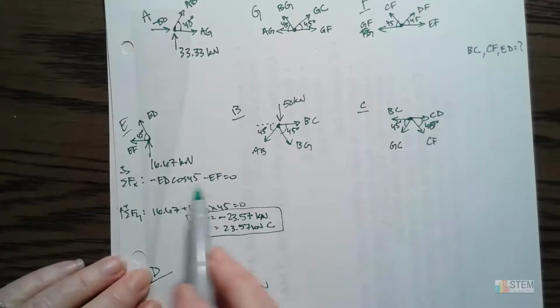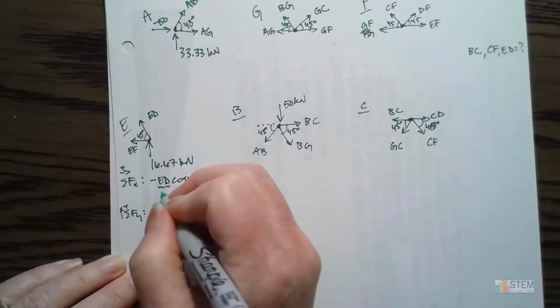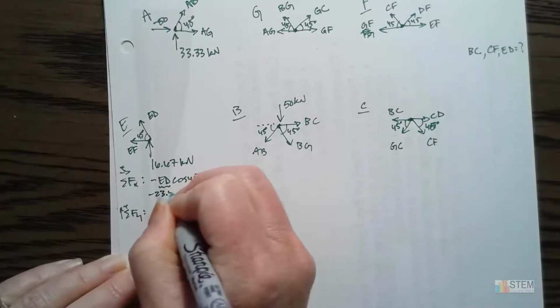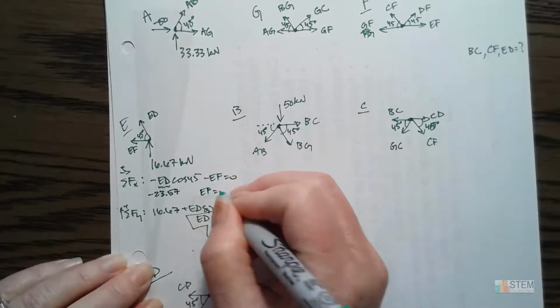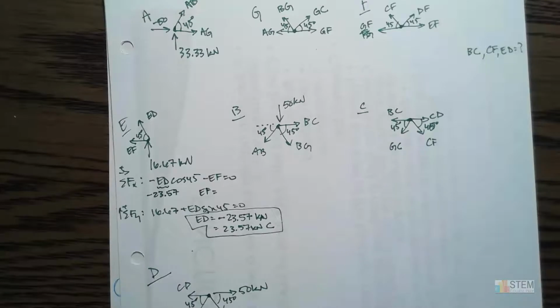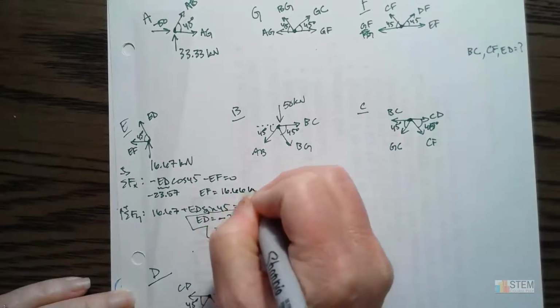Now, since I already have this equation, let's go ahead and find EF in case we need it. So ED we know is negative 23.57, and now you can solve for EF. And that one is going to be 16.66 kilonewtons.